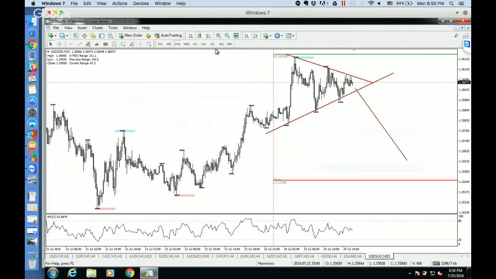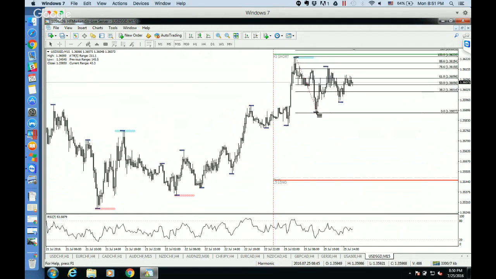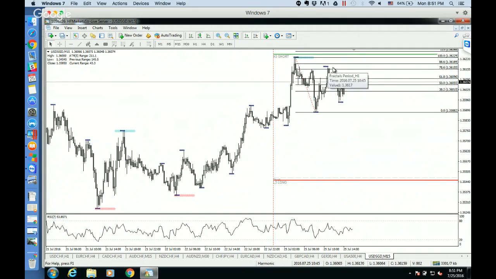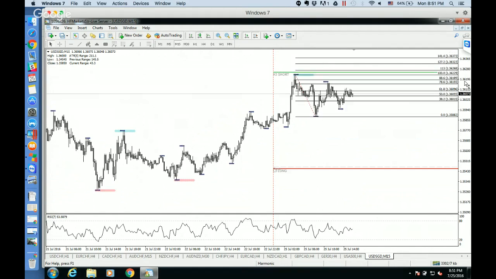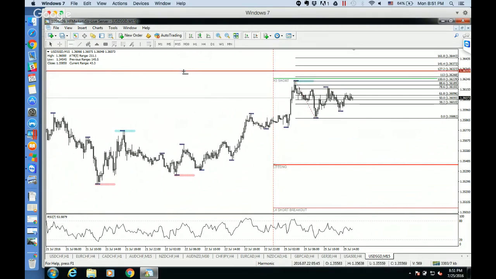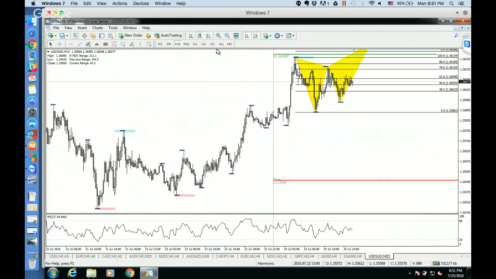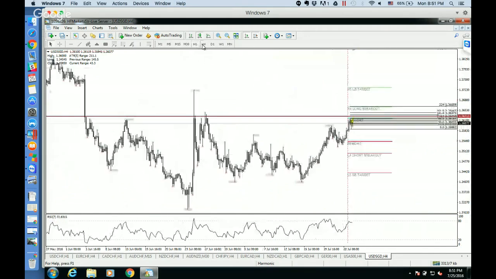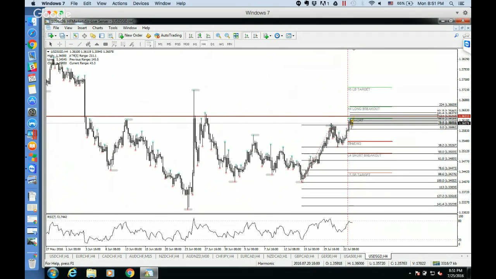And for those who are trading patterns, you do have a potential butterfly setup as well because X to A, A to B, B point retraces up to 0.786. That gives you a butterfly pattern completion at the 127. So for those who are trading patterns, you have another opportunity to sell when price comes up to the 127. If I go back to the higher time frame, your shark pattern looks like this.